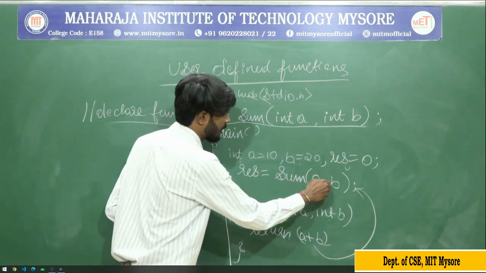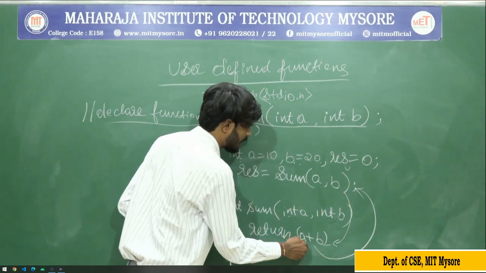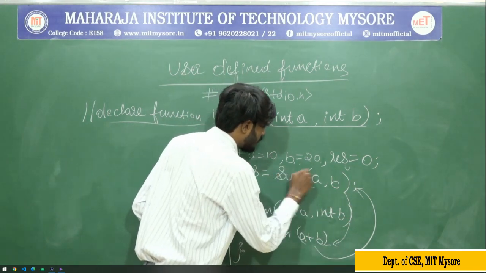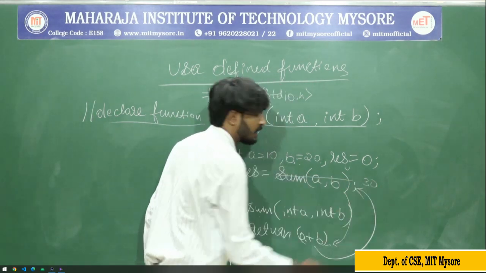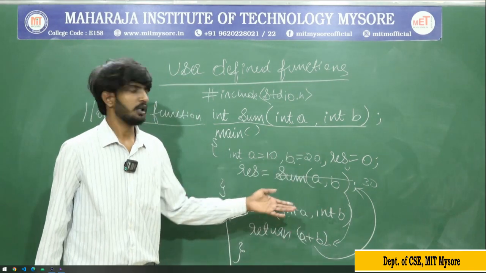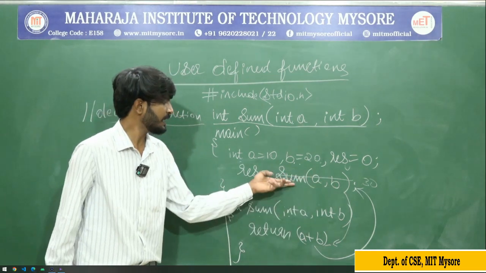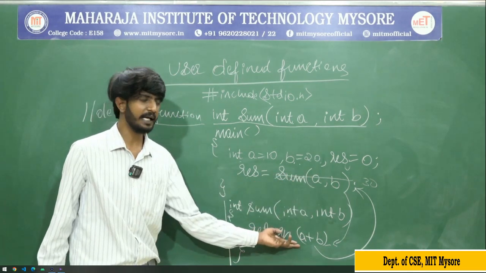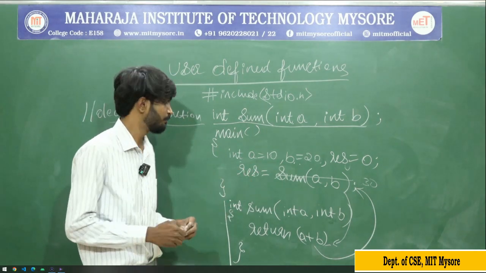So in sum of a comma b, it will call this function, and after getting the data, in place of this it will return the value, that is 30. It will call this function, and after executing that, it will return the data to the res variable.